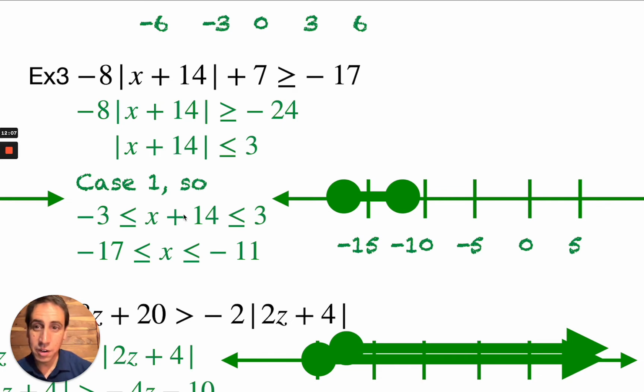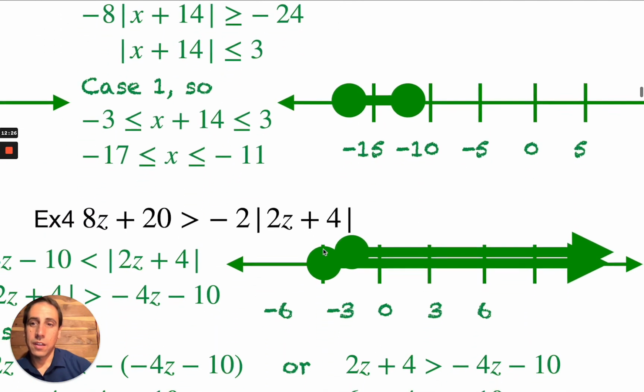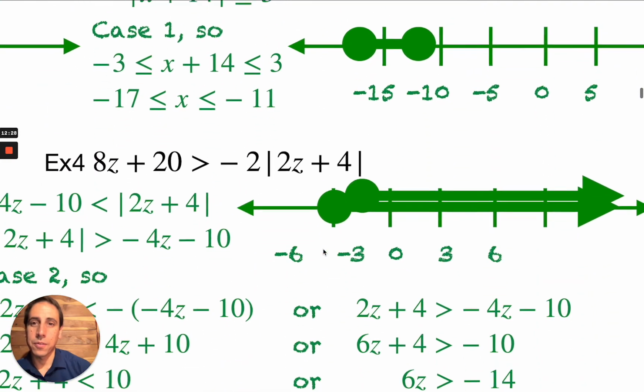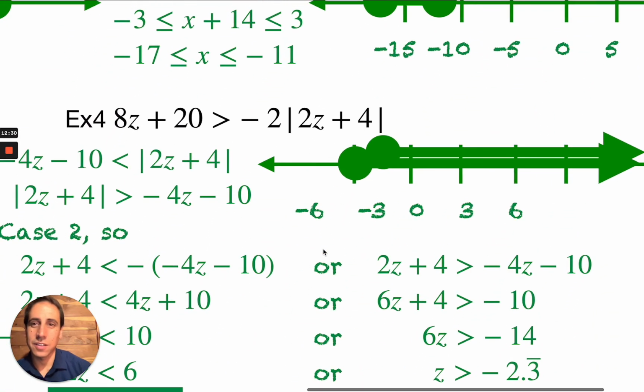Undoing the addition here, plus 14, you subtract 14 from both sides, and you get this. So we see we've got to have solid dots here between -17 and -11, and there they are. There's the solid dot, and you shade everything in between. Example number 4. Dang it! Forgot to change these to open dots.